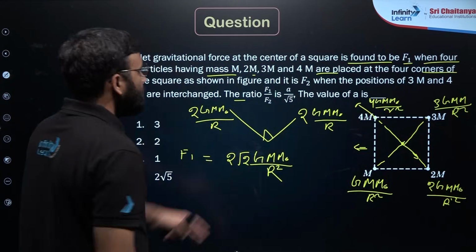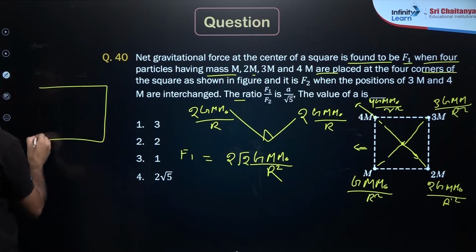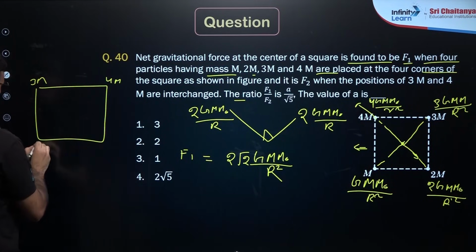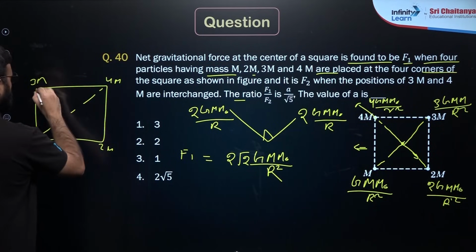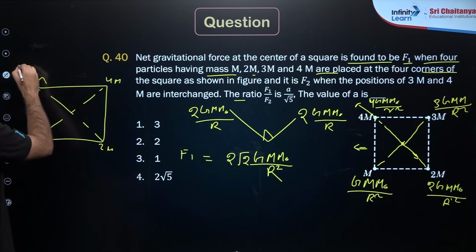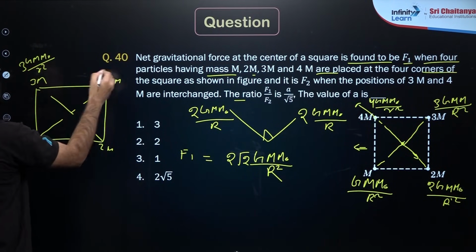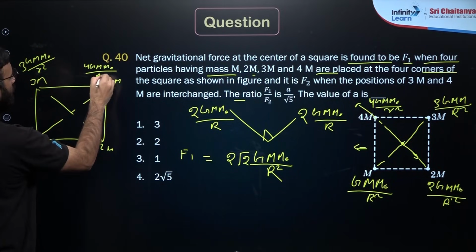Okay, in the second condition the positions of 3m and 4m change. So 3m, 4m, m and 2m. Okay beta. So again similarly you can find this is 3GMm0 upon r square. This is 4GMm0 upon r square.